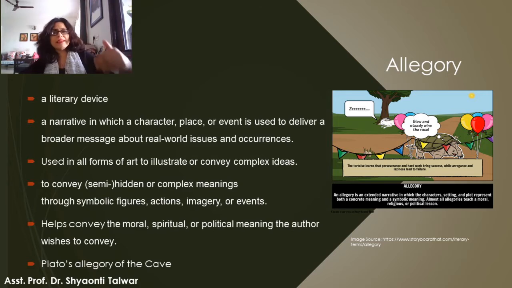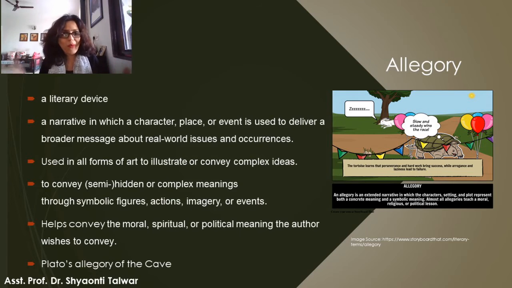This is all there is to reality, right? So they infer different meanings from the shadows that are projected on the wall of the cave, till one day one of them steps out of the cave, and that person goes out into the outside world, right? And then that person comes back, and tries to tell the others that, oh, there's a whole world out there waiting to be explored, waiting to be discovered.